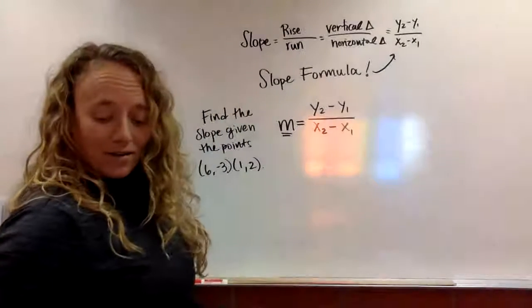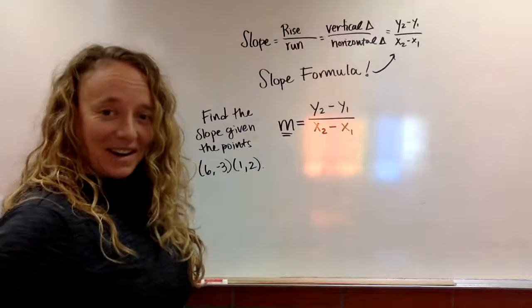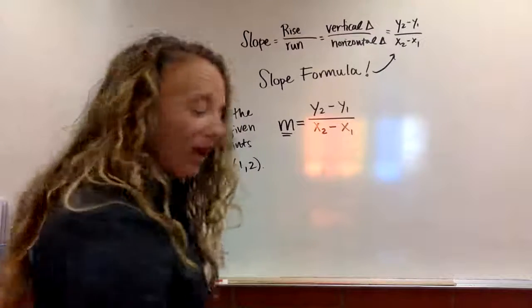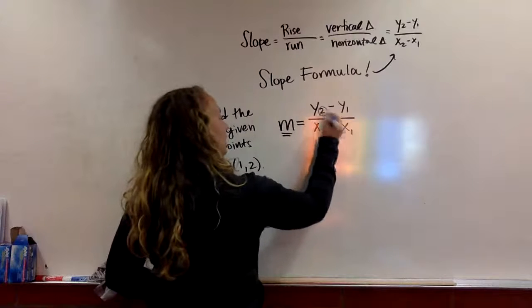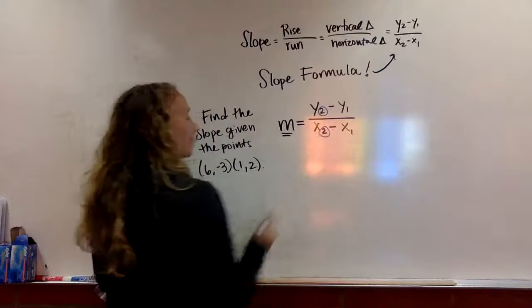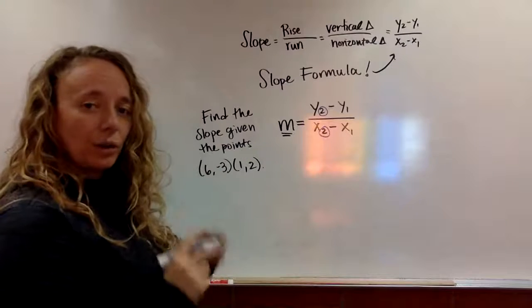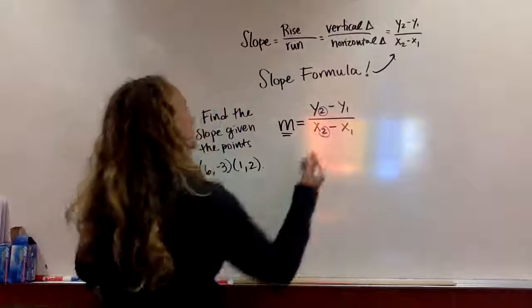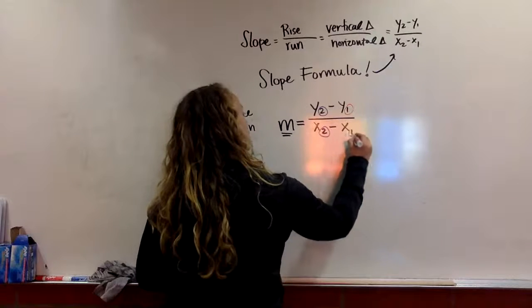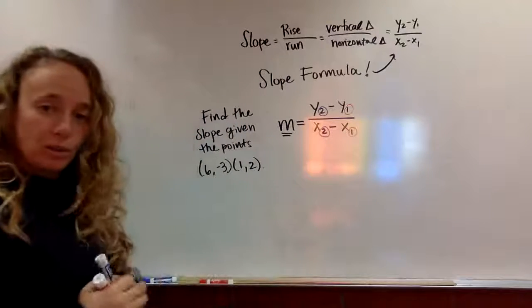There's a lot of extra numbers in there that we're not really used to. All right, so this sub 2 means that we're looking at the x and y value of the second point. This sub 1 means I'm looking at the x and y value of the first point.